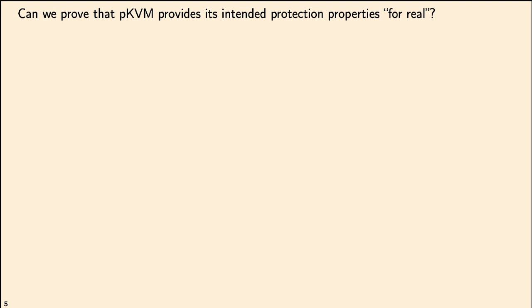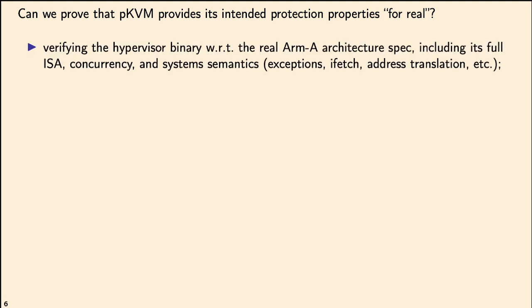What do I mean by for real? Well, one thing we could do for real would be to write nice papers about it. That's pretty real. But, well, it would be nice to actually verify the binary that runs above the architecture spec that it runs on. The architecture spec is like all of ARM A with its ISA and its concurrency and address translation and everything.